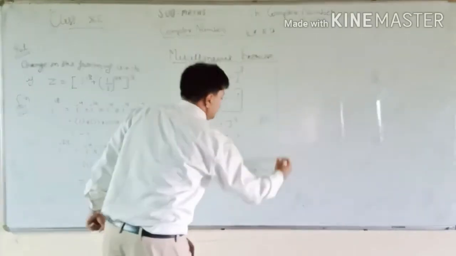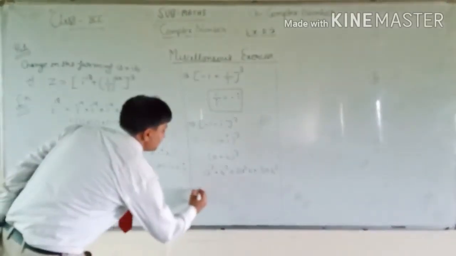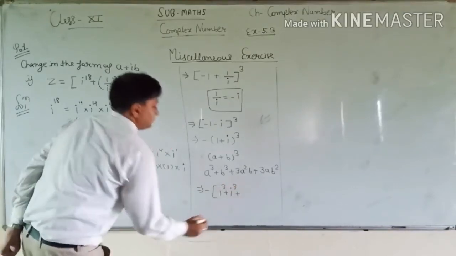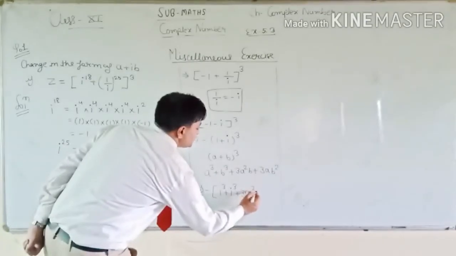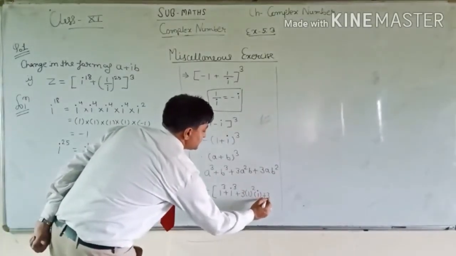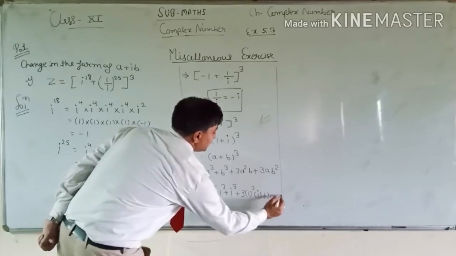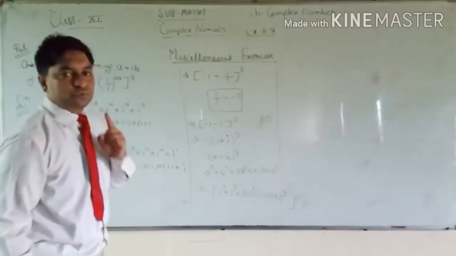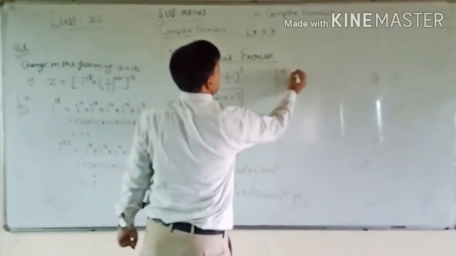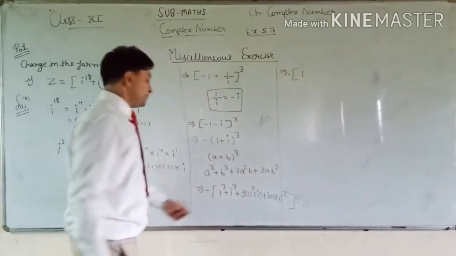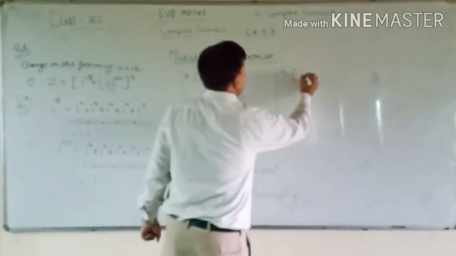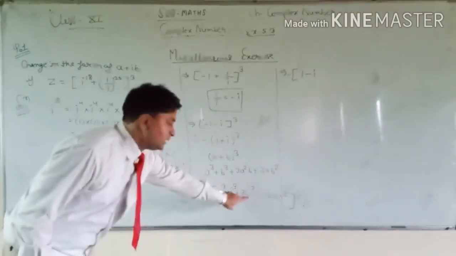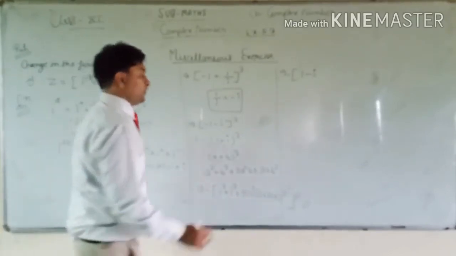So this is 1 cube plus iota cube plus 3 into 1 square into iota plus 3 into 1 into iota square. We know that 1 cube is equal to 1. Now iota cube is equal to minus iota. Now 1 square is equal to 1, and 3 multiplied by iota gives 3 iota.